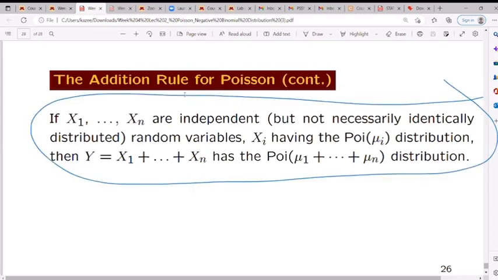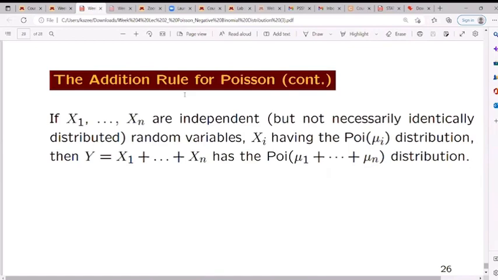Initially, x followed Poisson, y followed Poisson, and added together they also follow Poisson, only that the parameter is the addition of the two mu. But if you generalize like this, the new distribution you're going to have is going to be that.